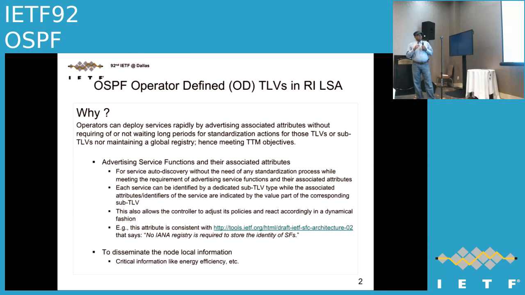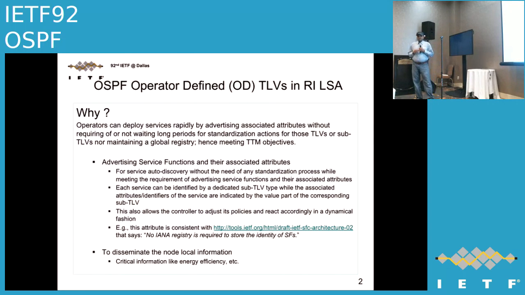So what this draft does is allow the operator to configure services and service attributes in an easy fashion, and that can be given to a centralized controller, where it can take a lot of decisions. It also enables policies to be dynamic.